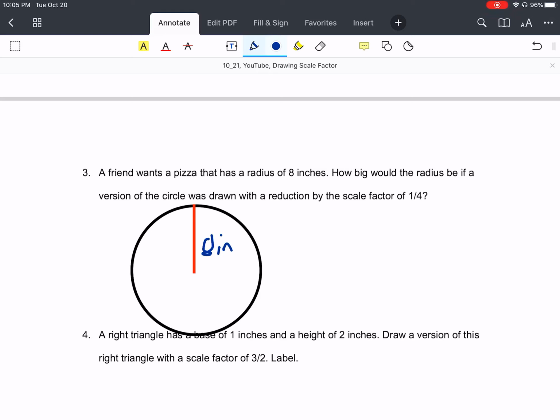So I am not making you draw any circles today. So even on your assignment, the questions that have circles, you are not drawing a picture. But if we had a scale factor of 1/4, we would do 8 inches times 1/4, and 1/4 of 8 would be a radius of 2 inches. So we would have a circle where the radius going from the middle to the edge would be 2 inches long. Those are tough to draw, so that's why you are not having to draw any of these for the assignment.